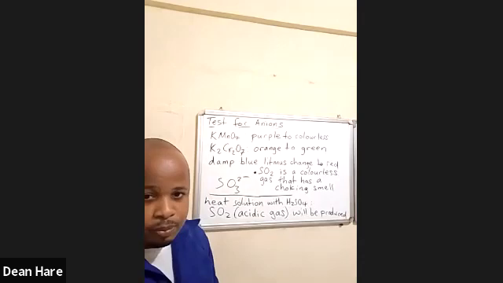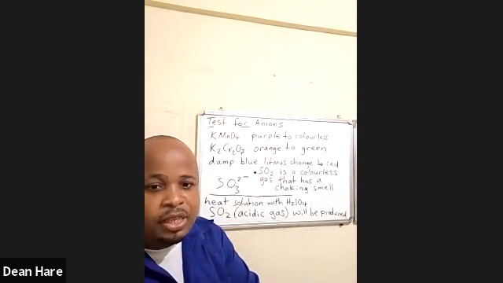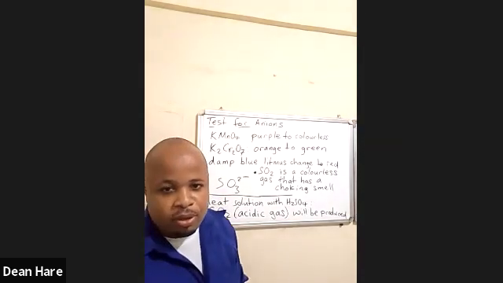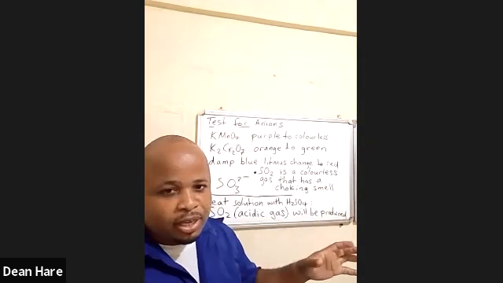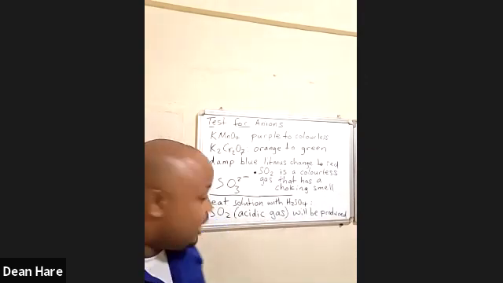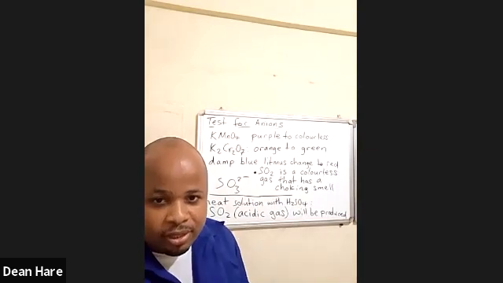So mostly we focus on the gas we produce, because it is the gas that is produced that is going to allow us to know which ion is present. Because remember, the nitrate ion cannot give you sulfur dioxide, and the sulfite ion cannot give you ammonia.